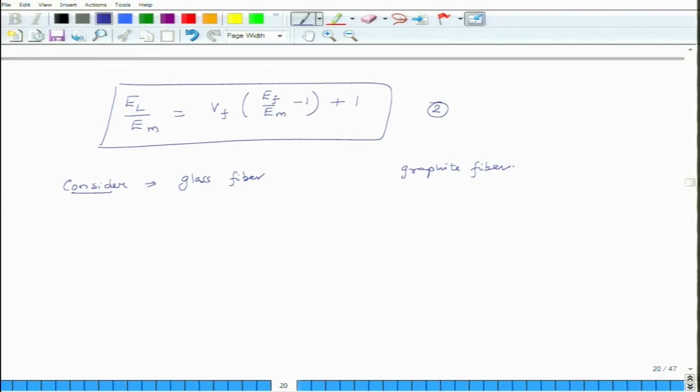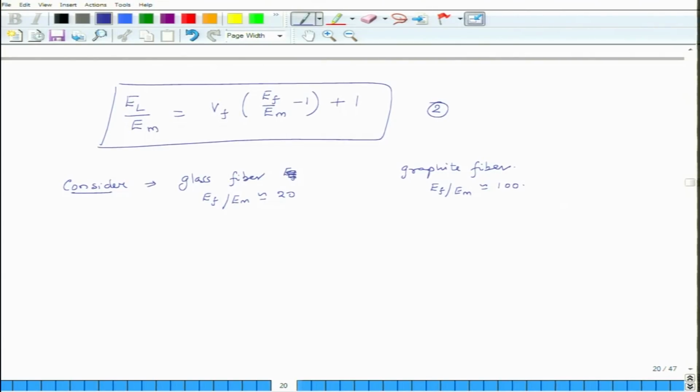And if you look at their modulus and the modulus of matrix, typically EF over EM for glass fiber is approximately equal to 20 and graphite is much more stiff. So, EF over EM is approximately equal to 100.